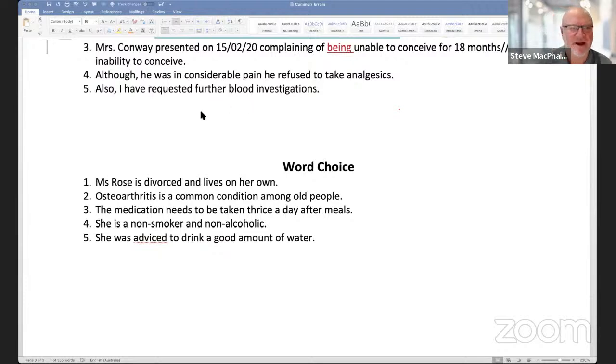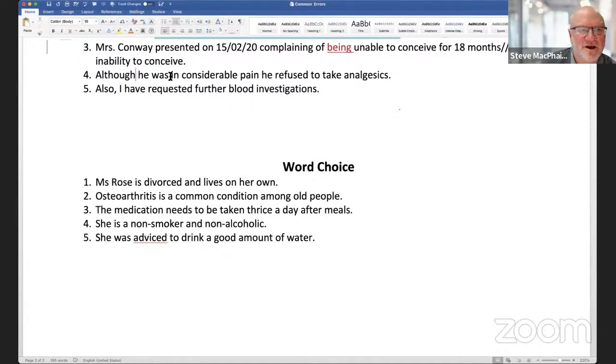Yes, comma placement. Thank you, Jaxie. Comma in the wrong place. Although he was in considerable pain, he refused to take analgesics. So do not put a comma after "although." "Although" is a subordinating conjunction. It's different to "however" and "therefore," which have a different rule.